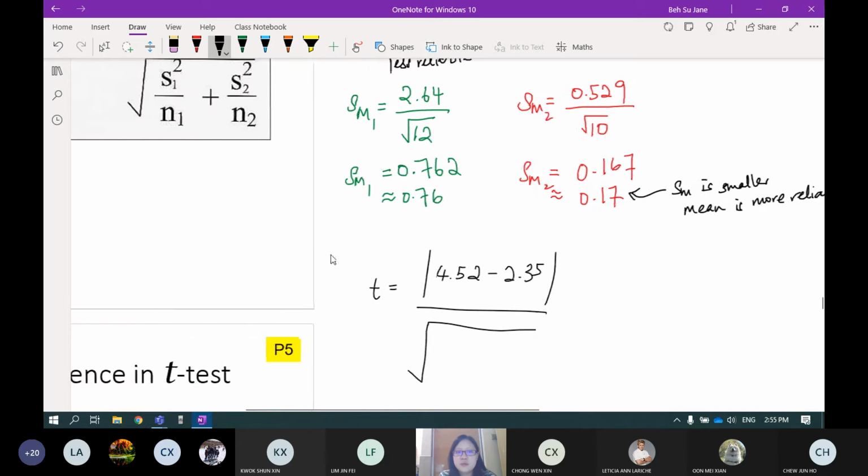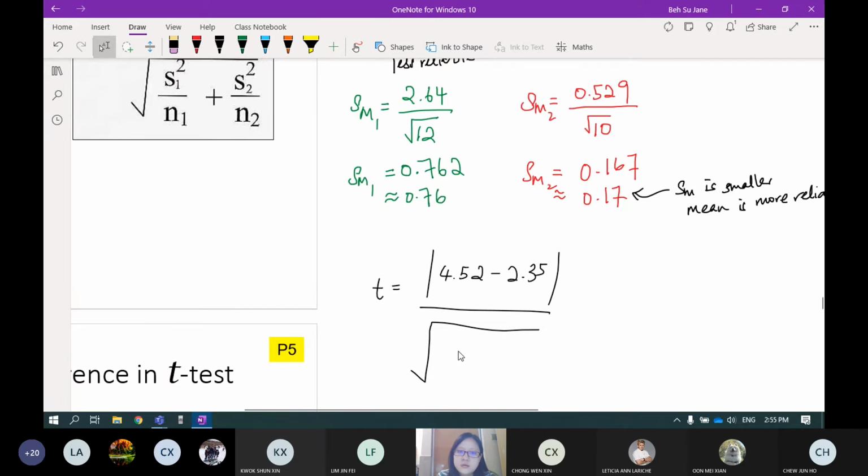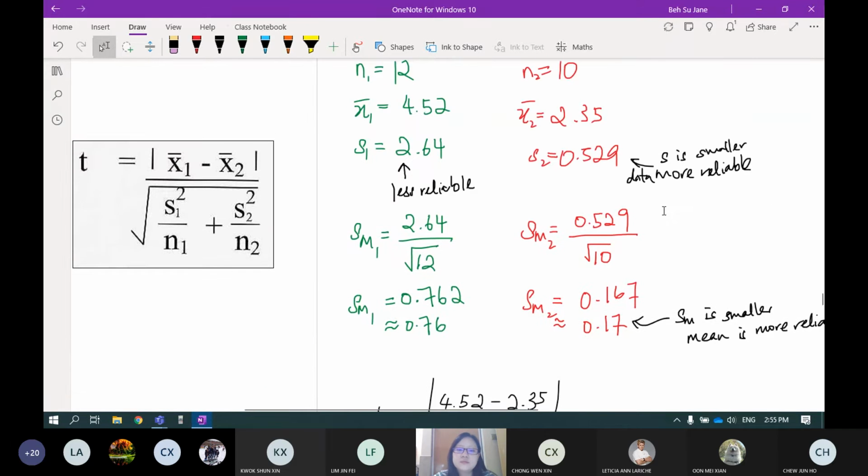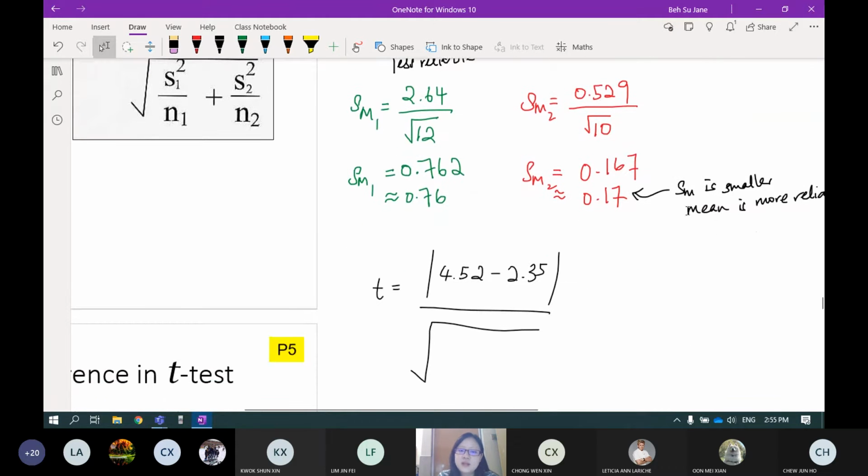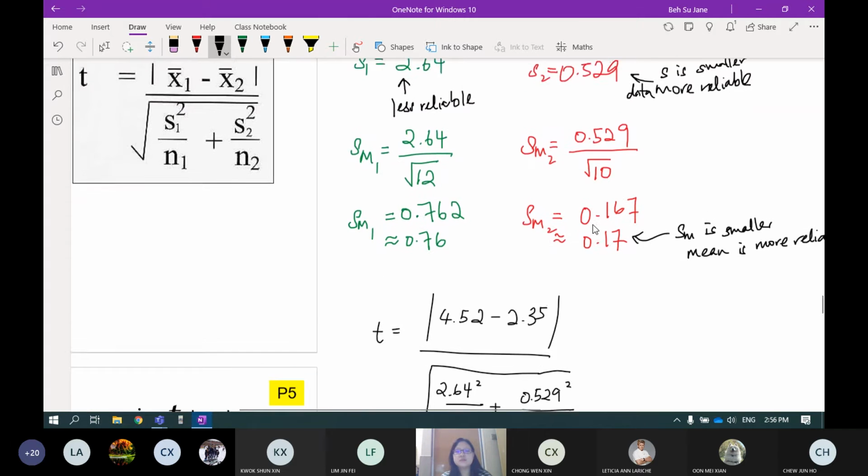I'm sorry, I covered the formula for you. Oh no, wrong value. 2.64. Square. No, just 12. Don't forget to square your standard deviation.